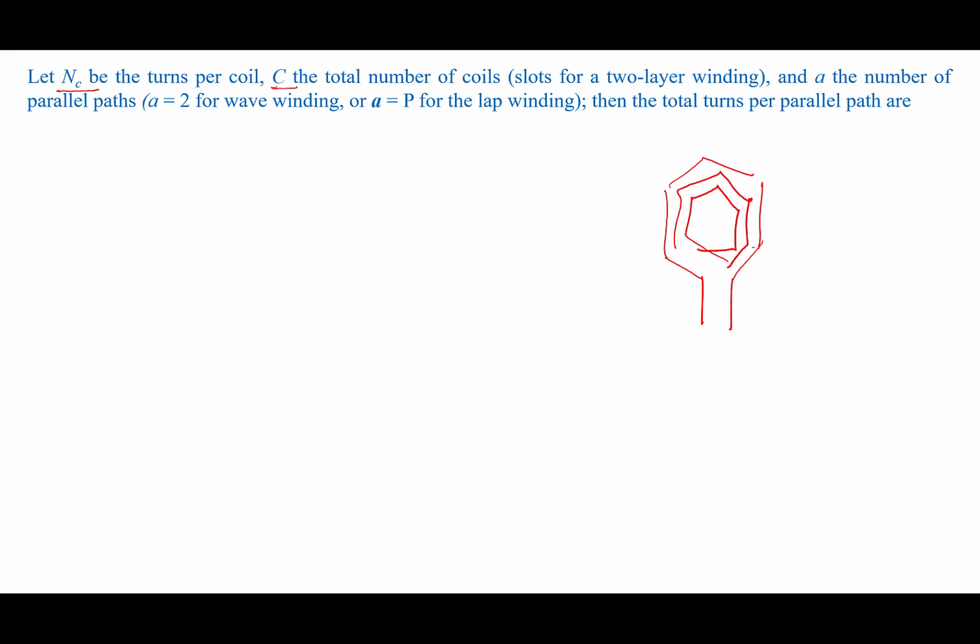And let us assume that this small a is your number of parallel paths. Because we are not talking in more detail about the design aspect, I am just giving you this information. The number of parallel paths is equal to 2 for a wave winding structure. So A equals 2 when it is a wave wound generator, and A equals the number of poles for lap winding.